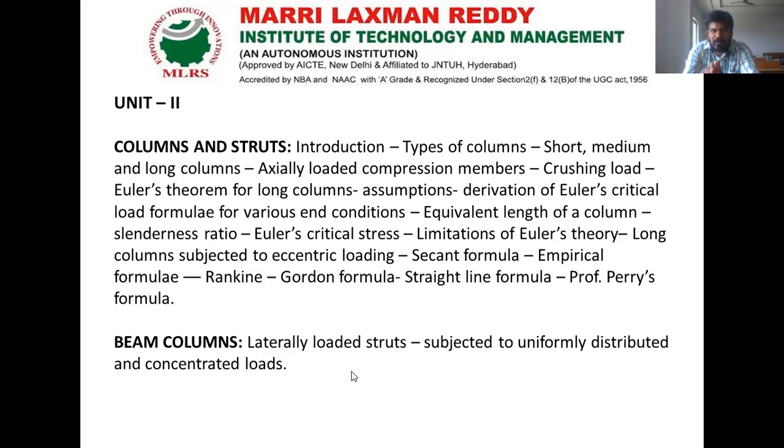Any member that is not exactly vertical, which may be inclined, and is subjected to a compression load, is said to be a strut. So this is the common difference between the name column and the name strut.